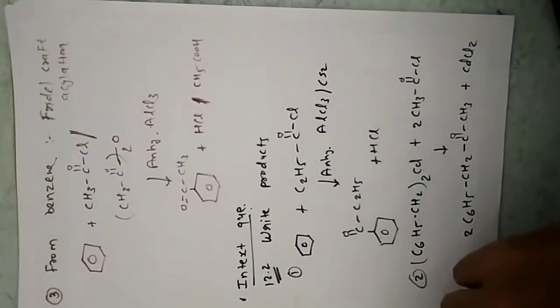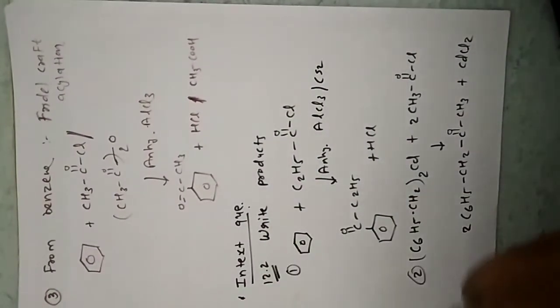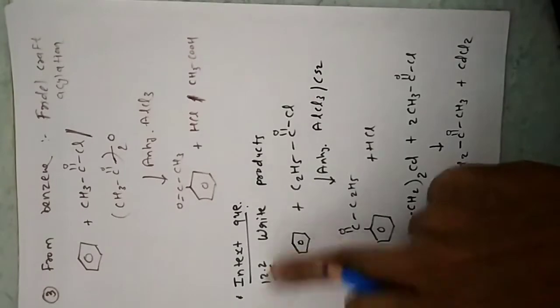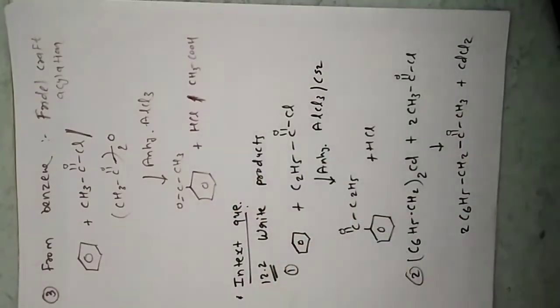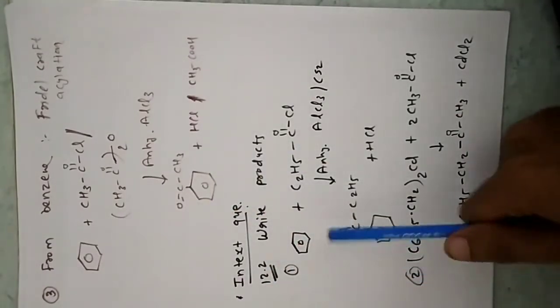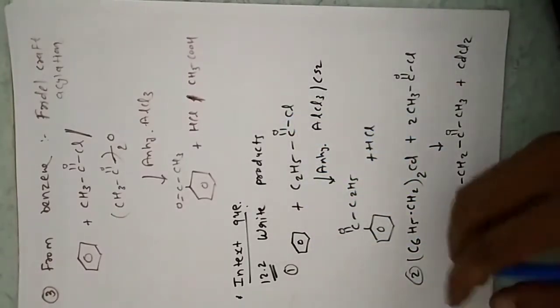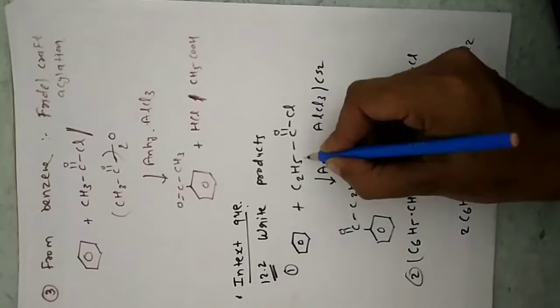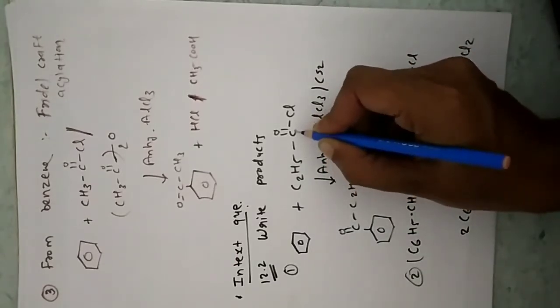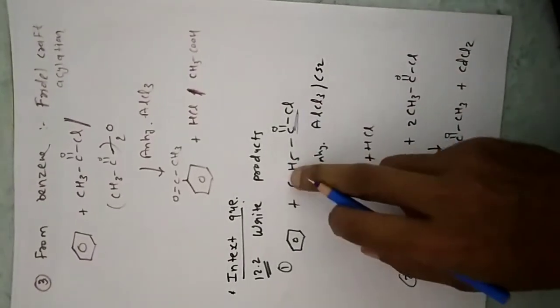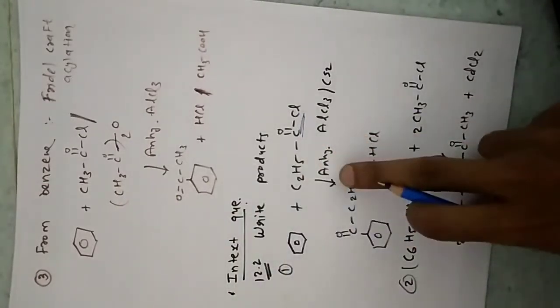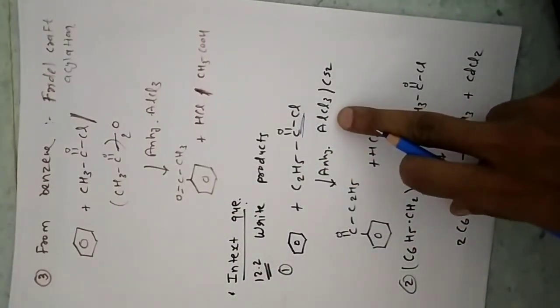Moving forward, this one is our in-text question 12.2. Write the products. You can see the first one, benzene plus C2H5COCl. When benzene reacts with acid chloride, you can see this one is our acid chloride. This reaction is in the presence of anhydrous AlCl3, it is written.